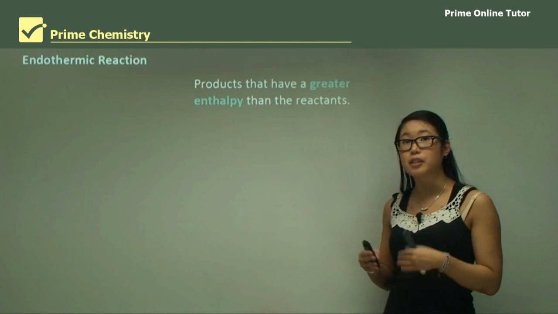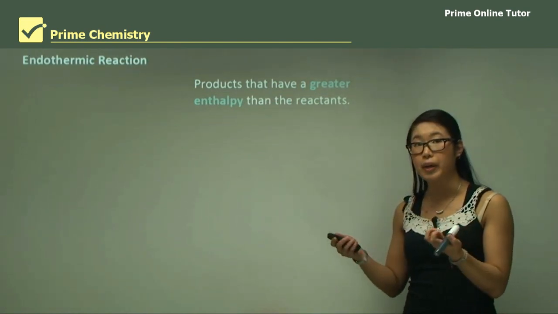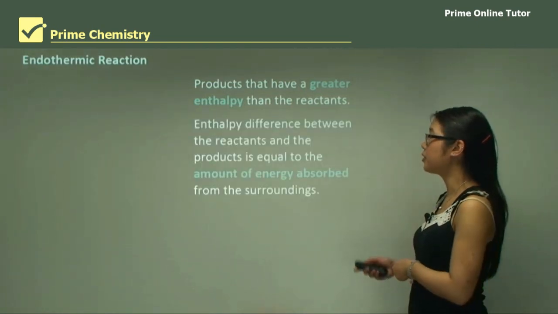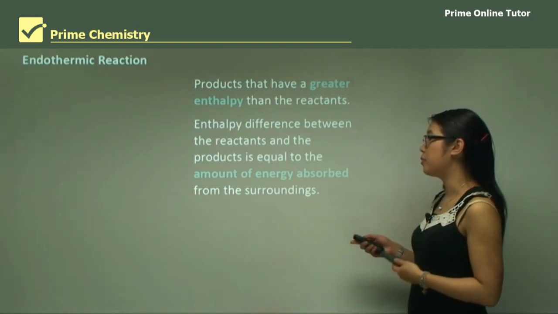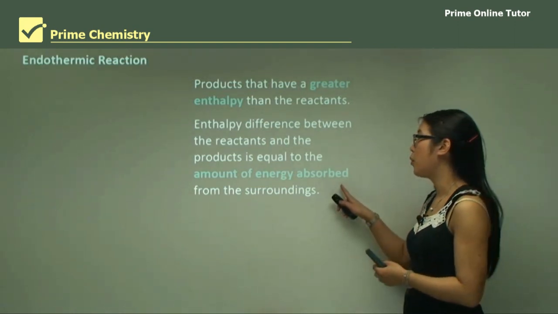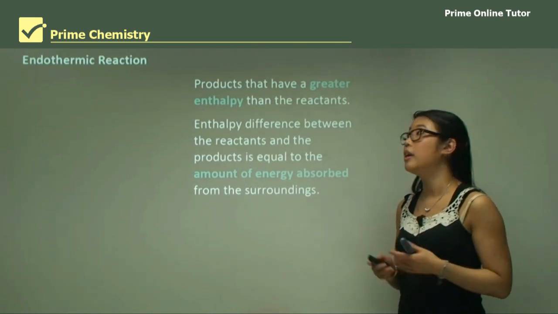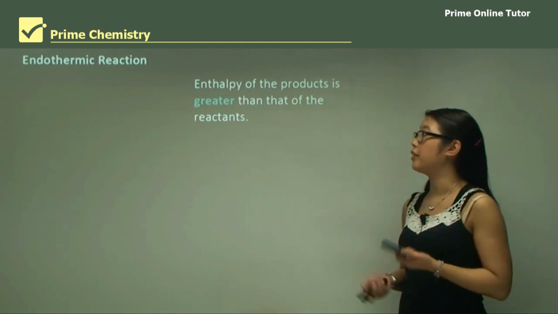So this change is positive, and therefore we're pulling energy from the outside in, and it's an endothermic reaction. The enthalpy difference between the reactants and the products is equal to the amount of energy absorbed from the surroundings. Because we're absorbing the heat from the outside, it makes the outside feel cold. The enthalpy of the products is greater than that of the reactants.